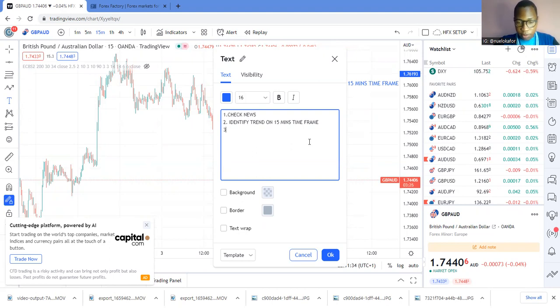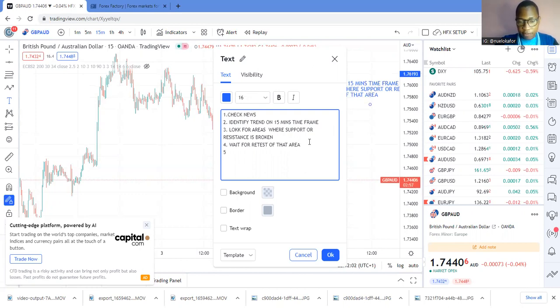Number three is to look for areas where support or resistance is broken. Then number four is to wait for retest of that area.